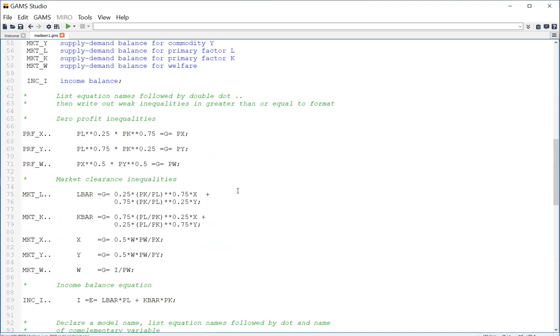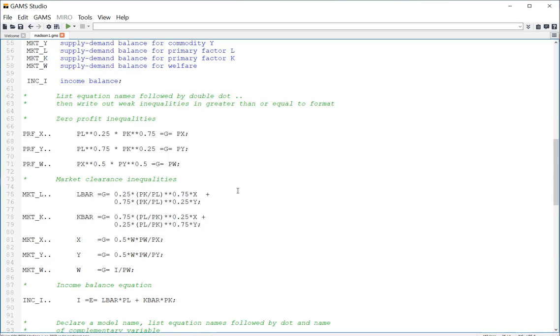The 3 zero profit conditions are unit cost of production greater than or equal to price for PX, PY, and PW. Then L bar and K bar are the supplies of labor and capital on the left-hand side. The right-hand side applies Shepard's lemma to the unit cost functions above them, multiplied by the output levels X and Y.